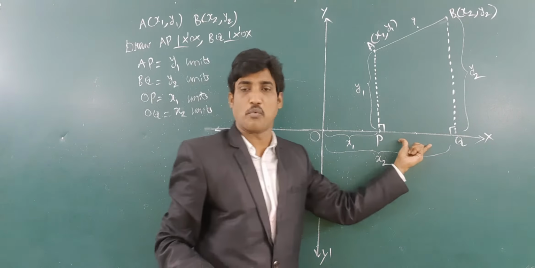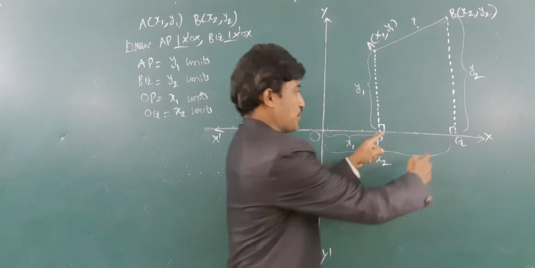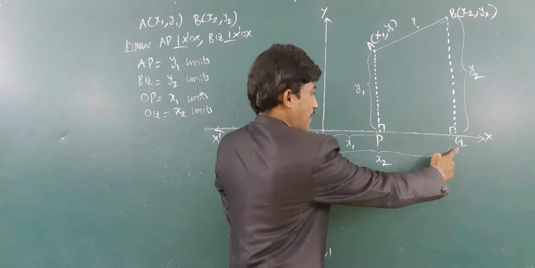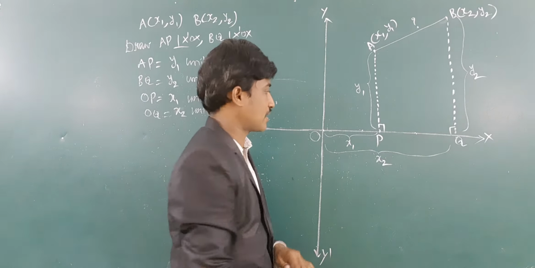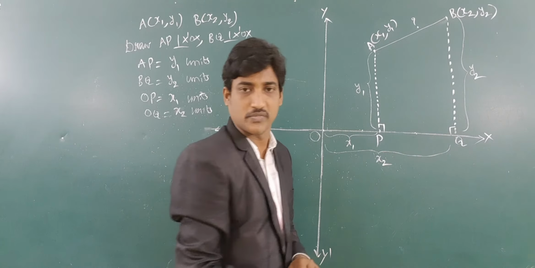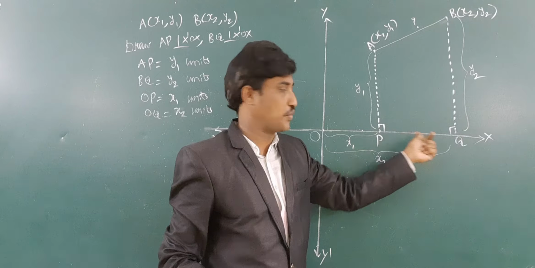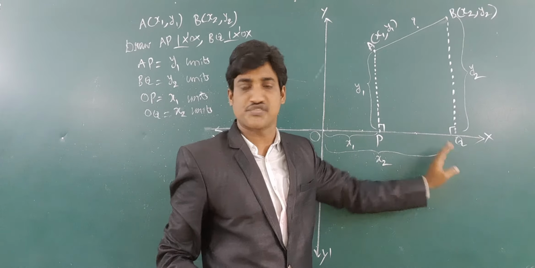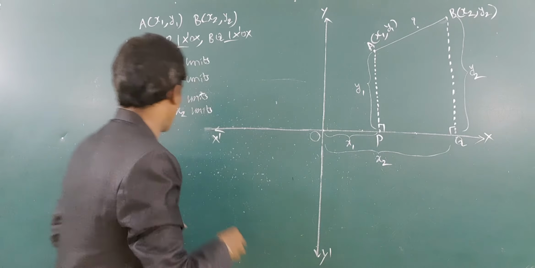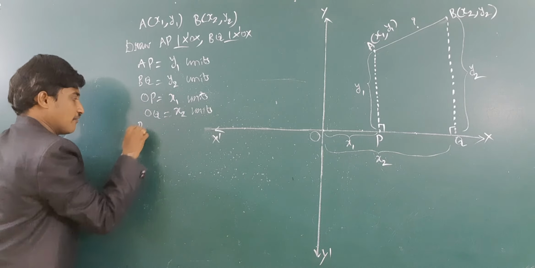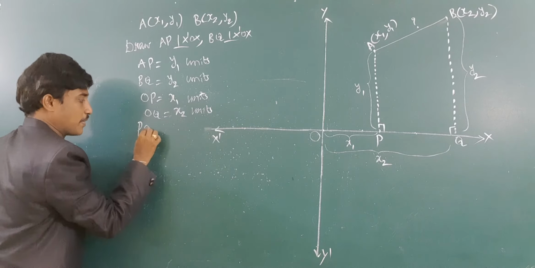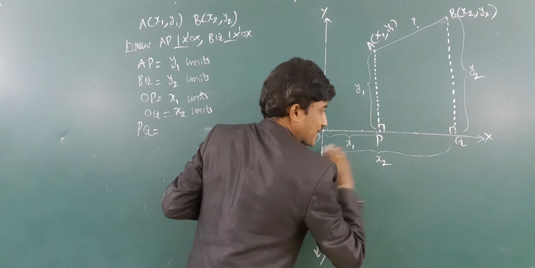Then what can you say about PQ? PQ is nothing but OQ minus OP. If we cut OP from OQ, we get PQ. So PQ is a value we know very well.